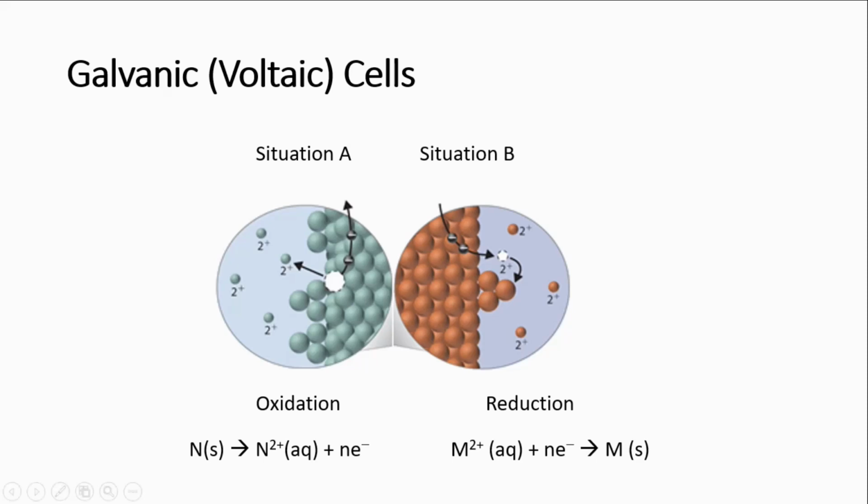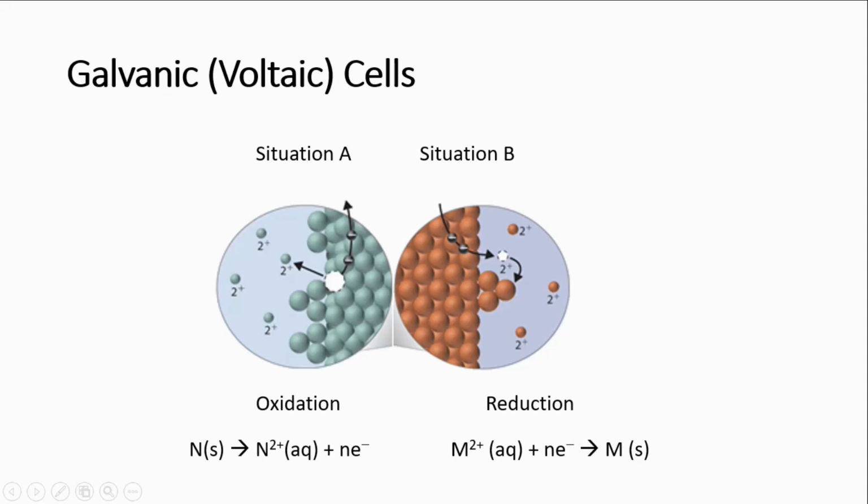The fact that the atoms have moved from a charge of 0 to a charge of 2 plus, that is, they have formed ions by losing 2 electrons, that is called oxidation. So that's an oxidation reaction, in situation A, as indicated by this equation below.